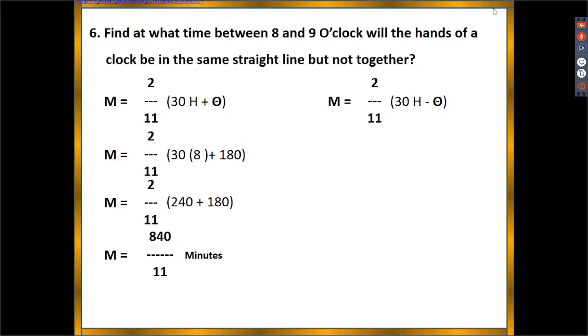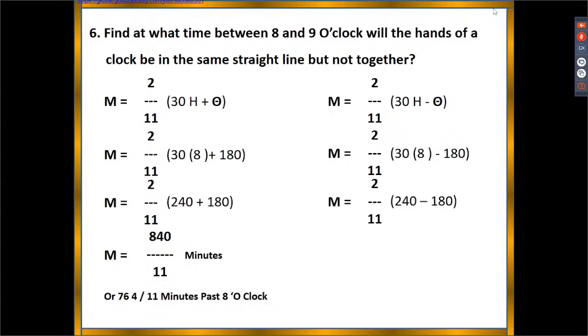840 by 11 means 11 7s are 77, 7 is there means 70, 11 6s are 66, so 76 4 by 11. If you apply minus theta, 2 by 11 into 30 into 8 minus 180.